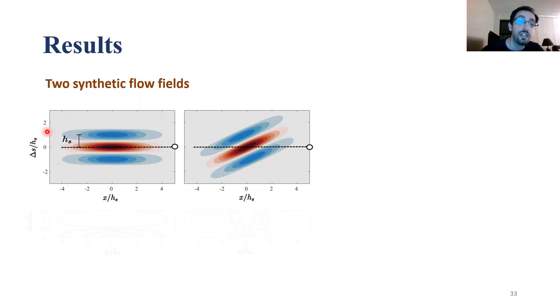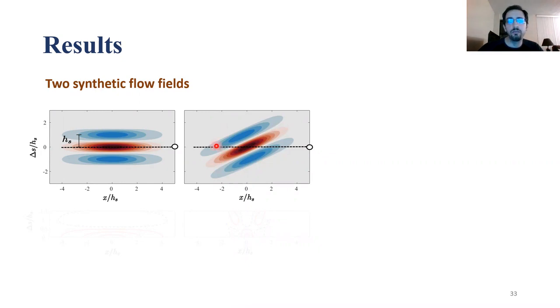In the first synthetic flow field, we use axially aligned structures, as you can see here. This is just one structure. We used several hundreds of these structures and randomly distributed them to create a flow field. In the second synthetic flow field, we used oblique structures.